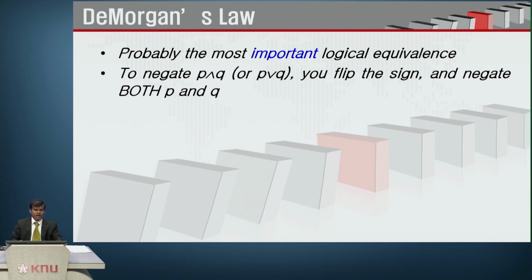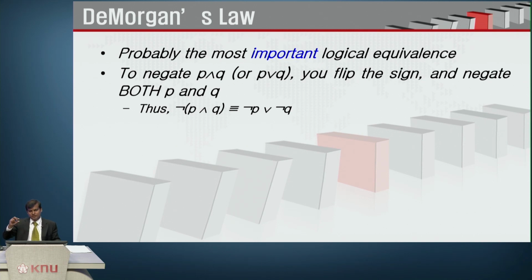That is to negate P and Q, or if you want to negate P or Q, you flip the sign and negate both P and Q. What does it mean? It means that if you want to negate P or Q, I mean here in this example we have P and Q, so you are putting a negation in front of P and Q. So that is equal to, now you are going to flip the sign.